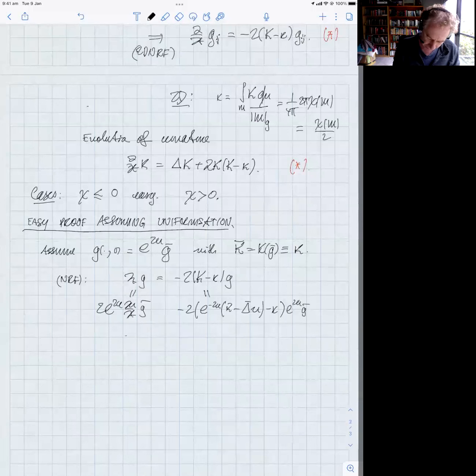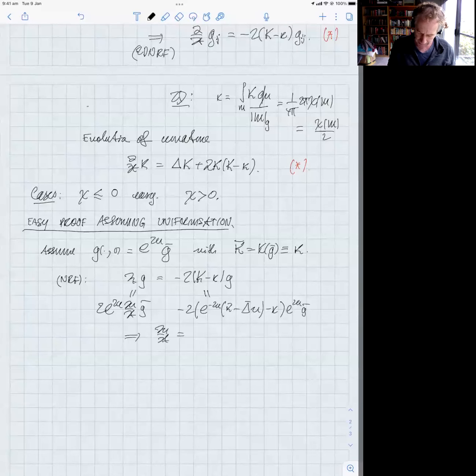Okay, so what I can read off from that is that du/dt is going to be, the 2's cancel, the e^{2u} factors cancel, so I just get e^{-2u} Laplacian of u.